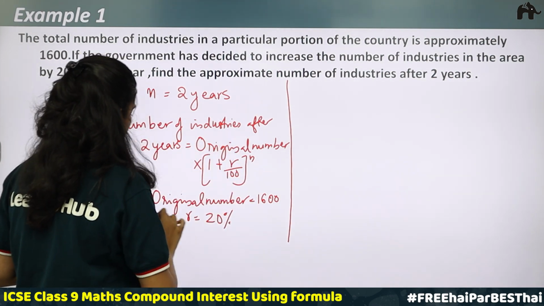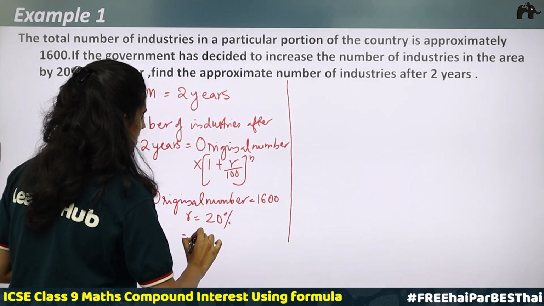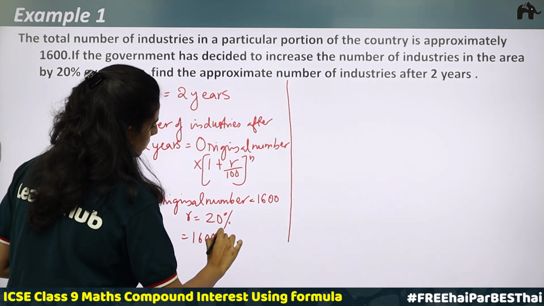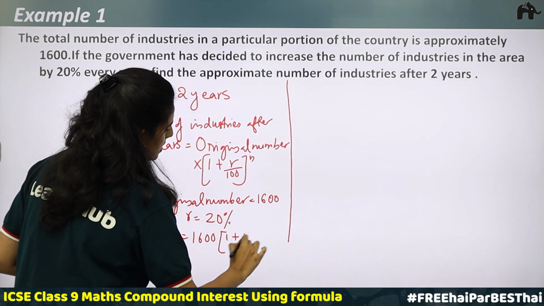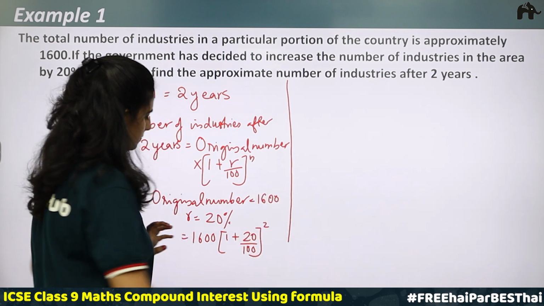Just substitute here. Number of industries after 2 years will be equal to original number, which is 1600 into 1 plus 20 by 100 whole square.